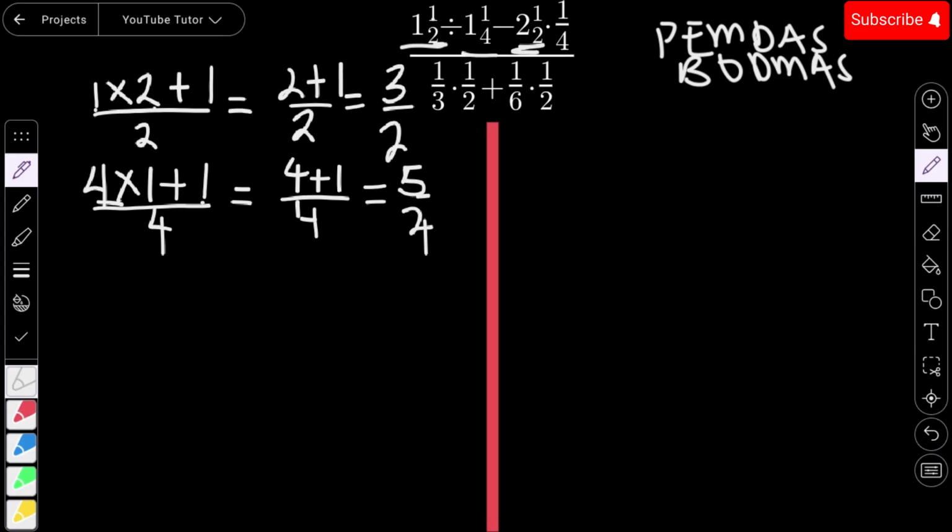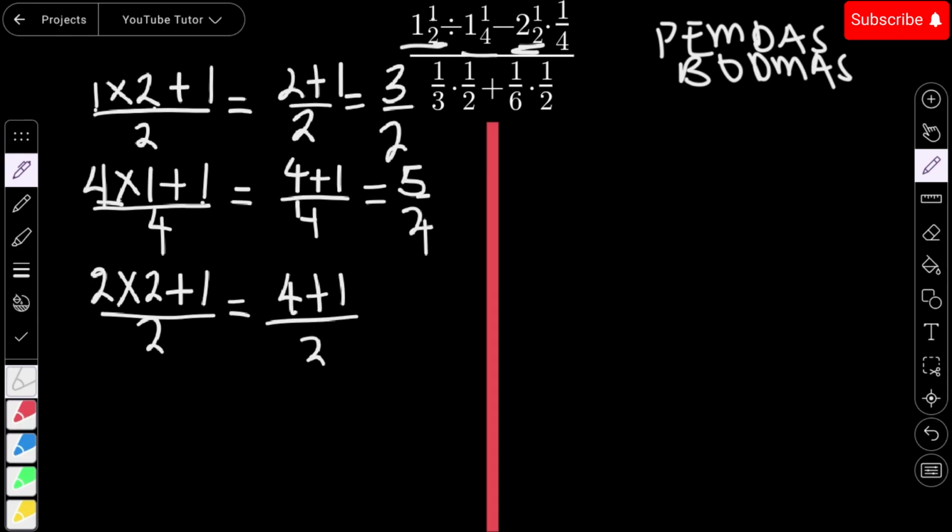Now we get the next one, 2 times 2 plus 1 all over 2 gives us 4 plus 1 as well over 2, which ends up being 5 over 2. With 1 over 4, we leave it as it is.